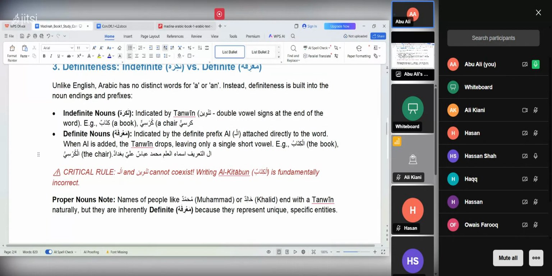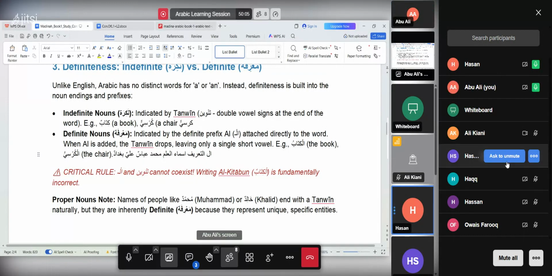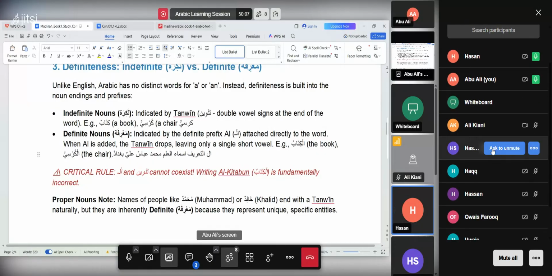Indefinite nouns, we say that they have tanween. Is there an exception to something that has tanween but isn't indefinite? Like names and stuff.